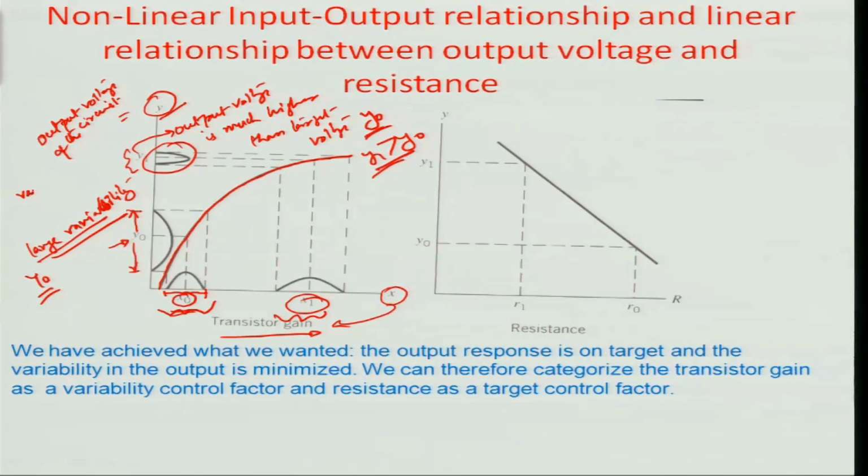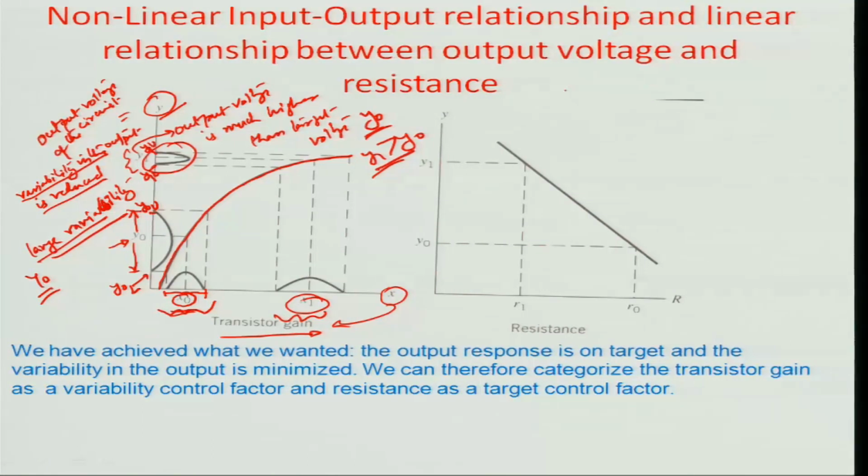So, you can say the variability in the output is reduced. Okay. So, the variability here, for example, starts from y0, let us say lower limit, to y0 upper limit, which is this and this limit, whereas in this case it is y1 upper limit and y1 lower limit, which is this and this limit. So, obviously, there is less variation in the range of y1s in comparison to y0s.